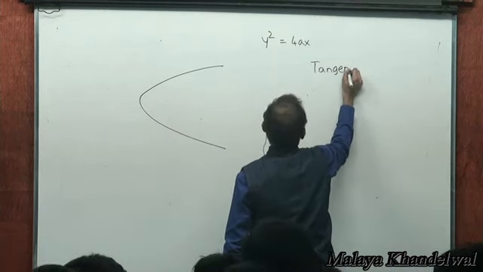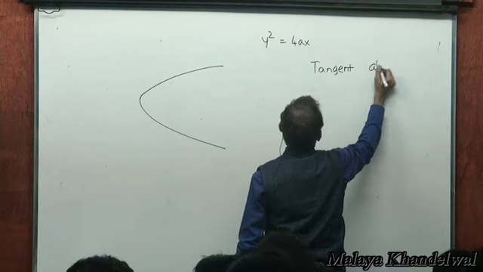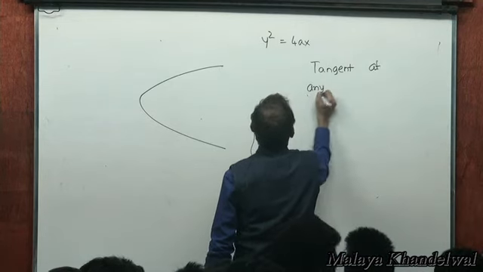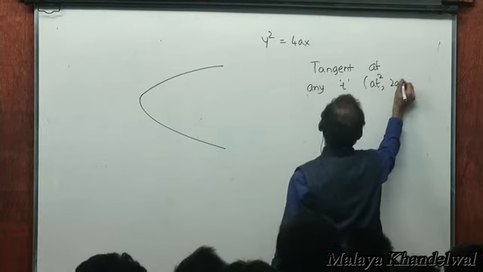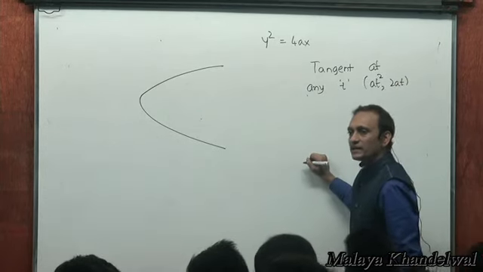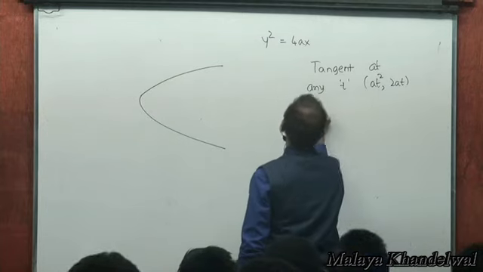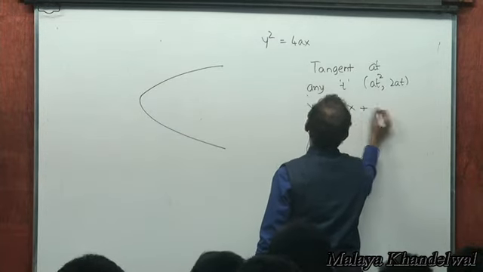Tangent at any t, t meaning the point at squared comma 2at, is going to be yt equals x plus at squared.